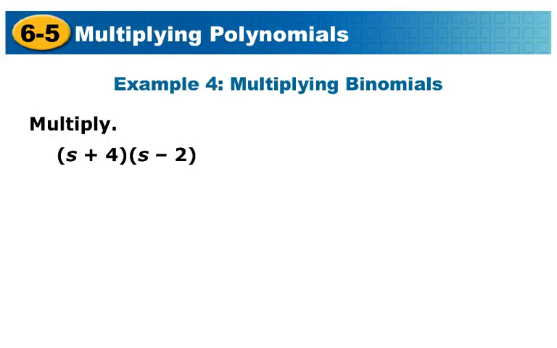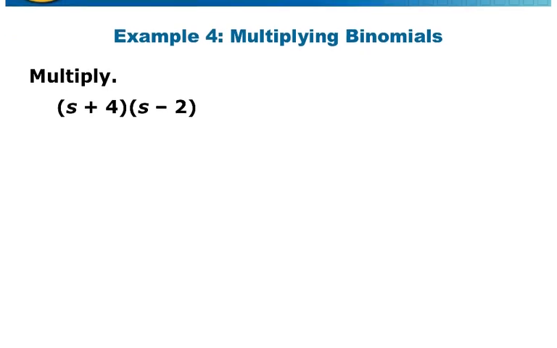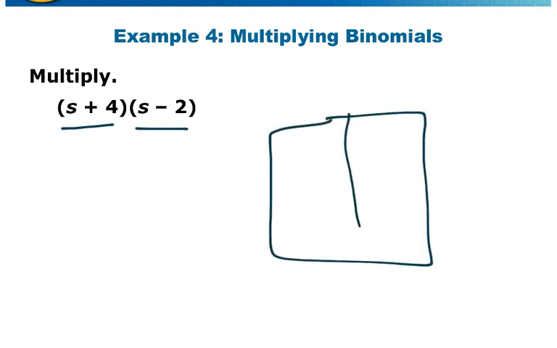Just expanding that. Alright, so we're going to do it for this one. So again, we're just multiplying, which means that I have a binomial and a binomial here. So I'm going to need a 2 by 2 box. Along the top, I'll have s plus 4. And along the side, I'll have s minus 2. And then you go through and multiply them out.